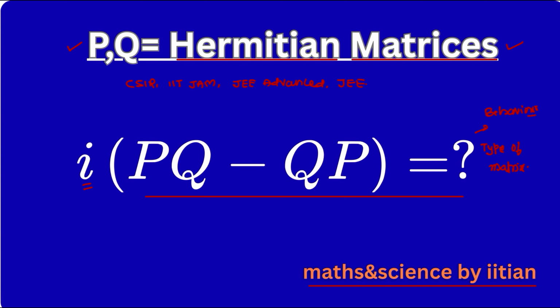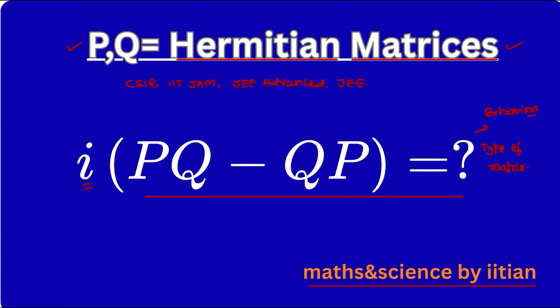Now, we will go one by one and try to solve what is the behavior of this particular i into (PQ minus QP), and what type of matrix it is, whether it is a Hermitian matrix, a real matrix or a complex matrix, or a skew Hermitian matrix or skew symmetric matrix or a symmetric matrix.